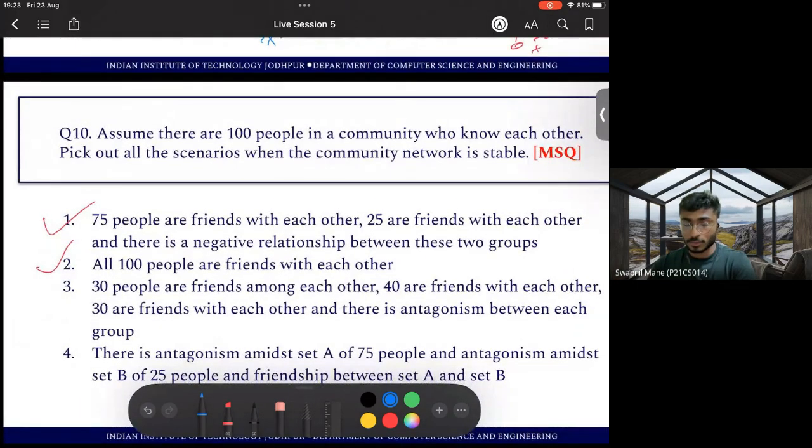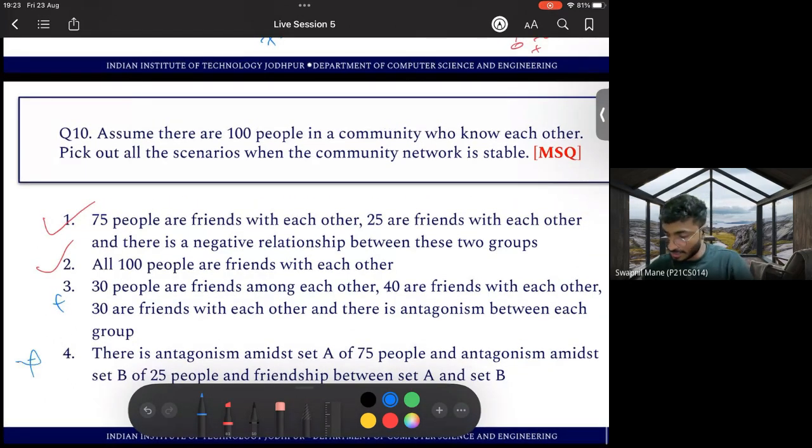Suppose the war continues between two countries, and then a third country participates in the war. That country will join one of the groups, and then there is a war between the two groups instead of three. So this is not true for making a stable network.